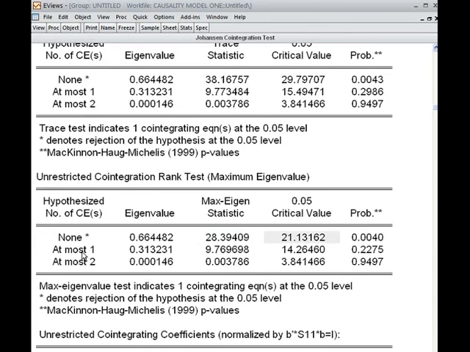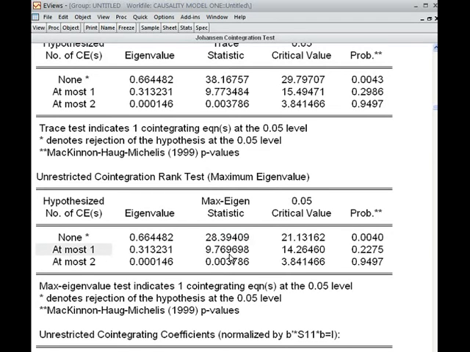Then what about this one? Second one, the null hypothesis is there is at most one cointegrated equation. Can I reject it? No, because the p-value is 22.75%, which is more than 5%. So we cannot reject null hypothesis, meaning that there is at most one cointegrated equation.